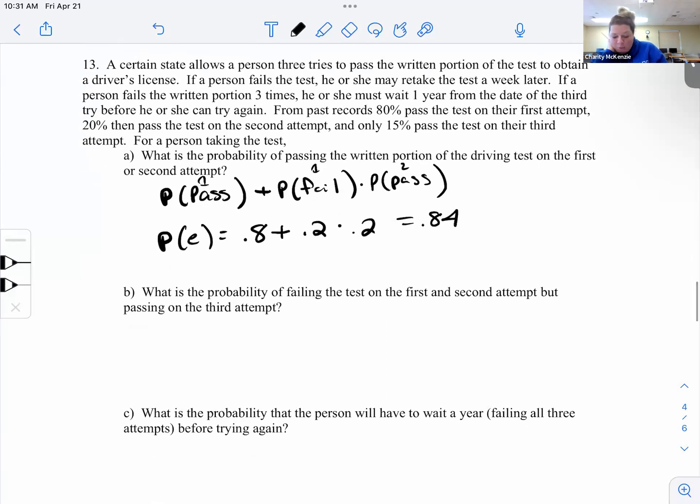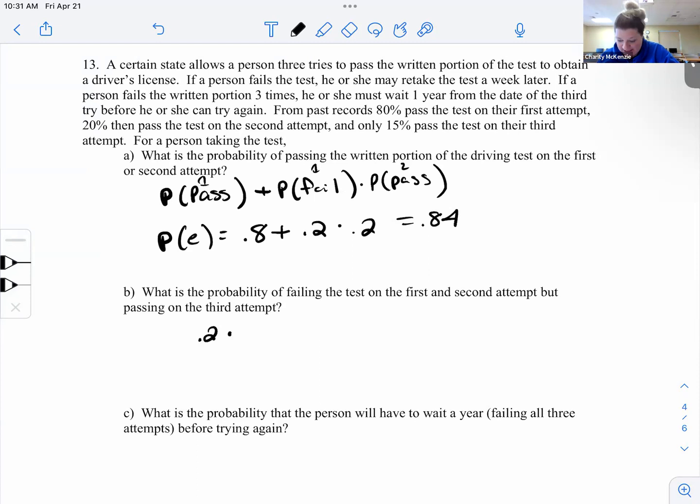So for B, what is the probability of failing the test on the first attempt and the second attempt, but passing on the third? Ooh, so the probability of failing on the first one is 0.2, right? What's the probability of failing on the second attempt?